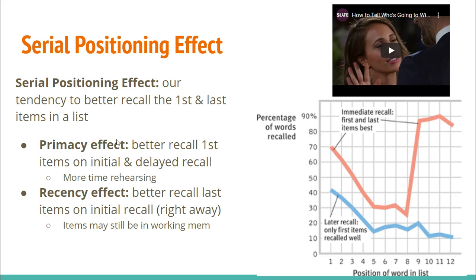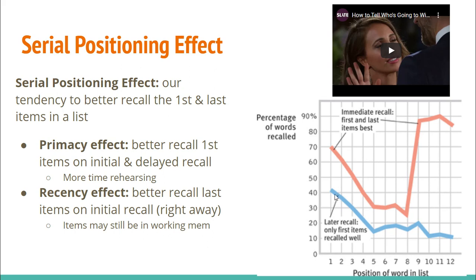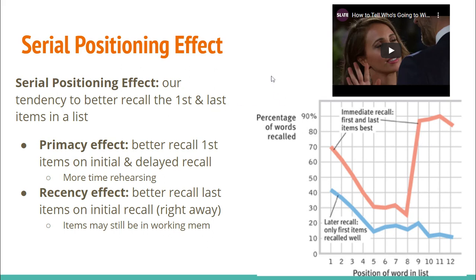Primacy is the first, recency is the last, and that actually changes over time. Later, when you're asked to recall, you typically only recall the very first things that you did. We're very likely to remember things that we did at the beginning of a list. We're less likely to remember stuff in the middle. But in the short term, we're more likely to remember things at the end as well. So primacy and recency. That's that for today.